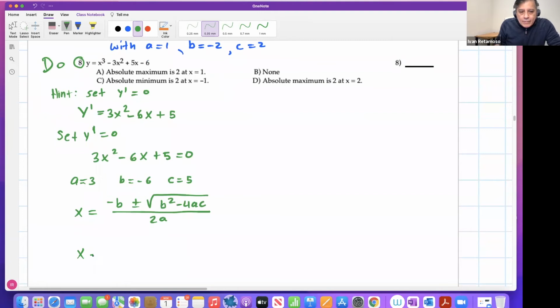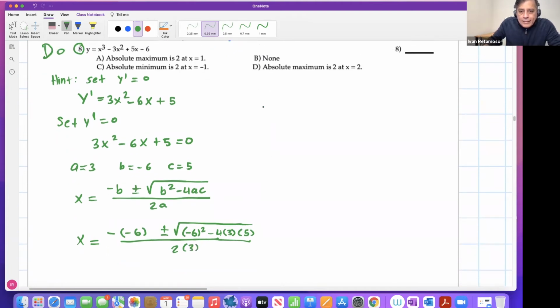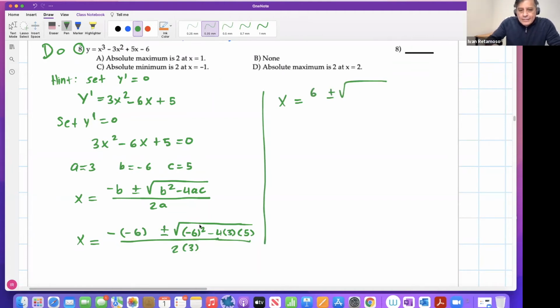If we apply our quadratic formula, I have to do this. Minus B is -6 there, plus and minus the square root of -6 squared minus 4AC. A is 3, C is 5. Divided by twice A, twice 3, right? Simplifying this, x will be equal to 6 plus minus this inside. Look, -6 squared is 36.